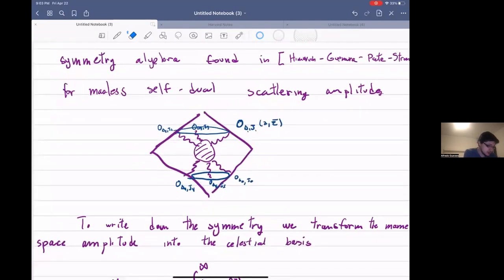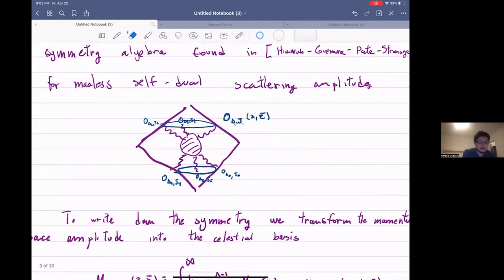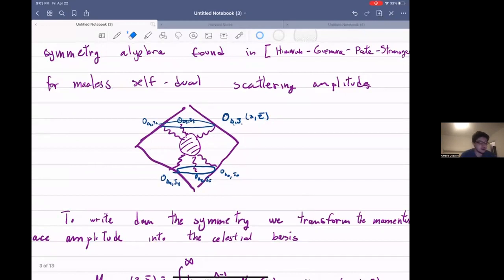So in order to write down this algebra, I need to go through a reformulation of the S matrix in asymptotically flat spacetimes, which has the name of celestial holography. The idea is that if you have massless particles reaching null infinity, they define an operator insertion in the celestial sphere.